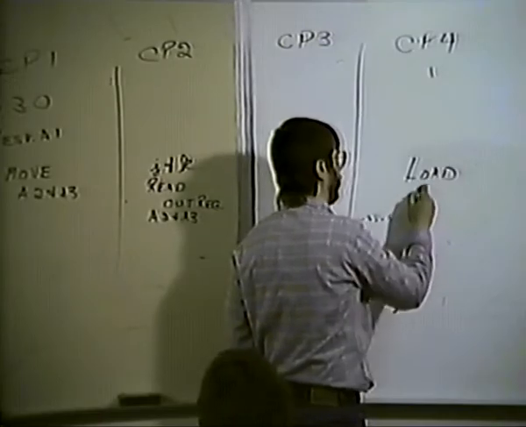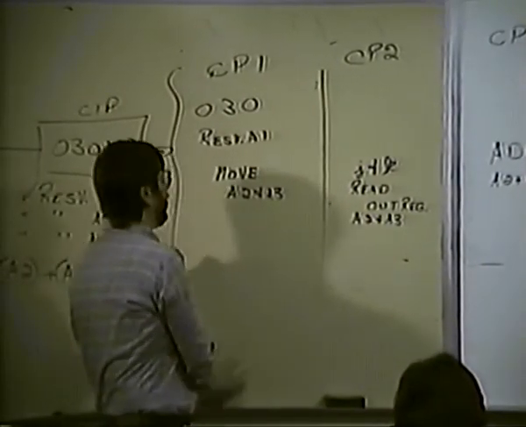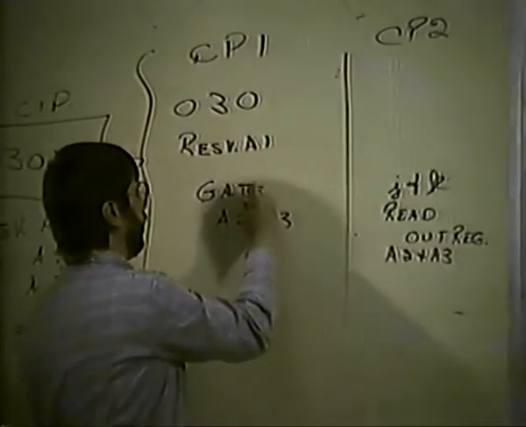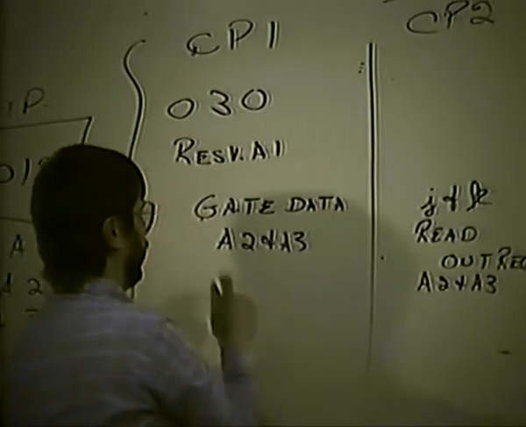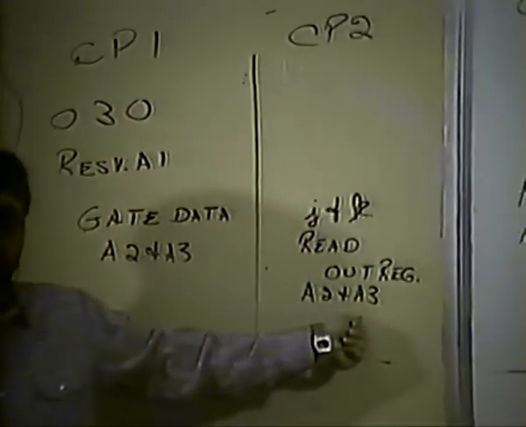And we load A1. So there's the data. We take the data out of the register. I guess we gate it out, huh? We gate the data out of A2 and A3, put it in the readout register, clock period 2.